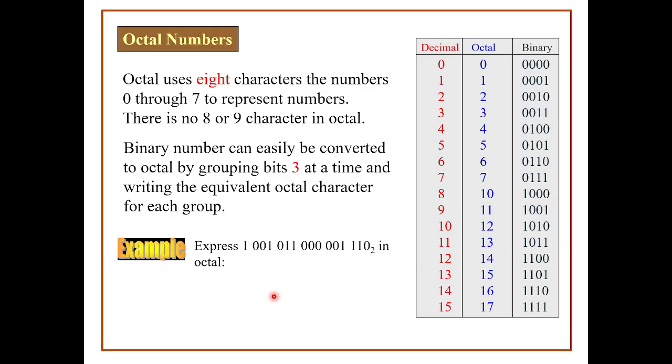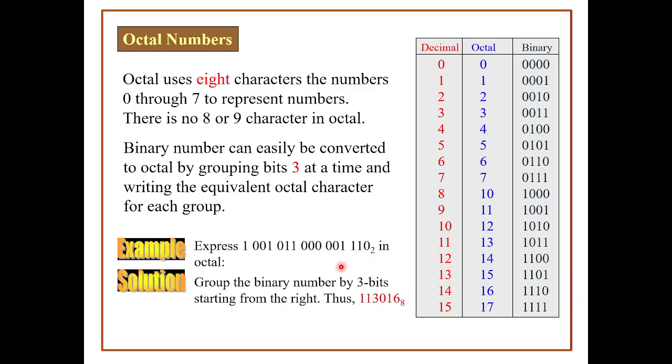So for example, you have 1 001 011 000 001 110. If you are writing from binary to octal, group the binary numbers by 3 bits starting from the right.